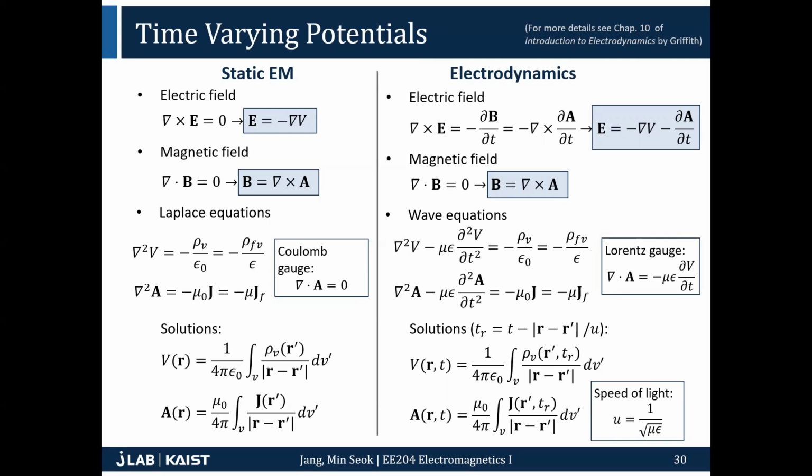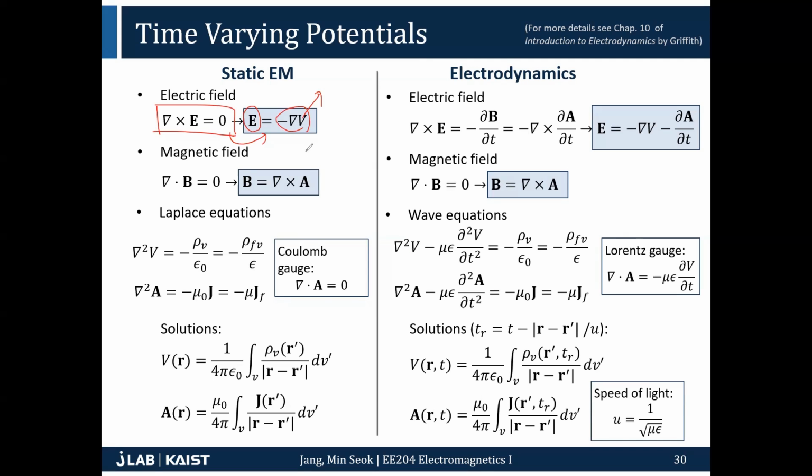In static electromagnetism, we knew that the curl of E was 0 in electrostatics. Because of that, the electric field can be expressed as the gradient of a scalar potential.